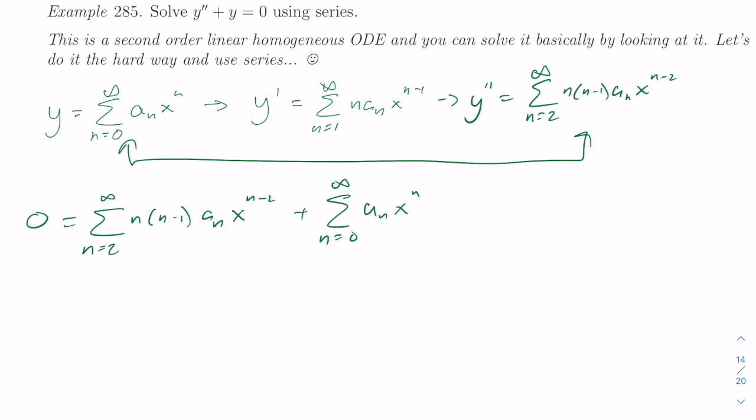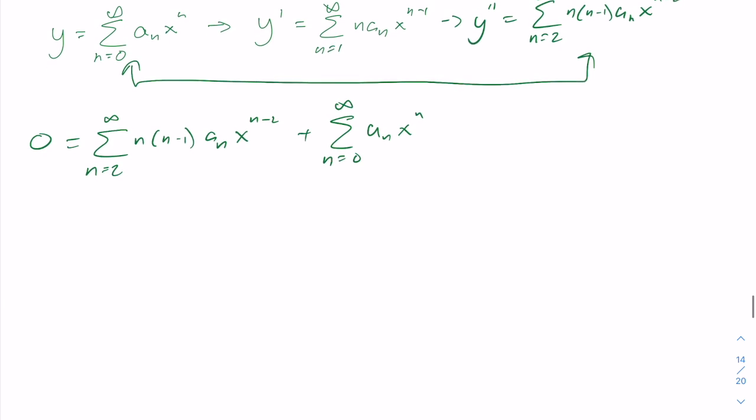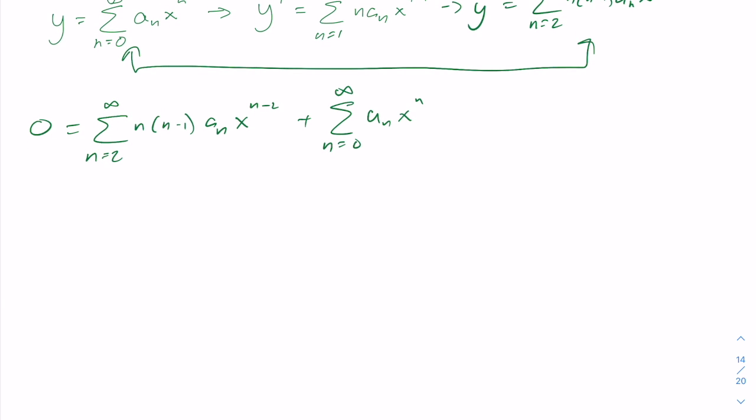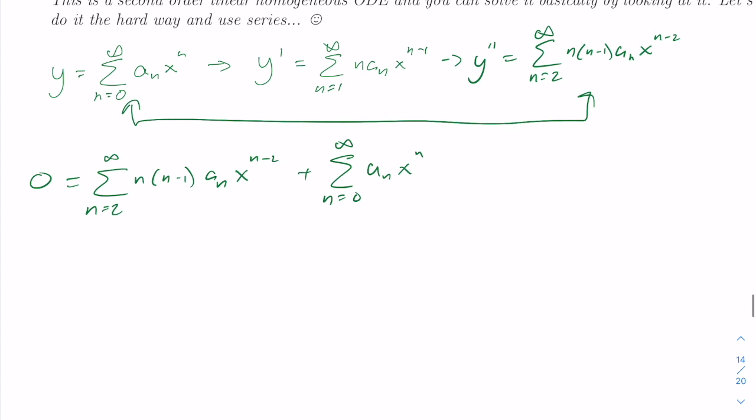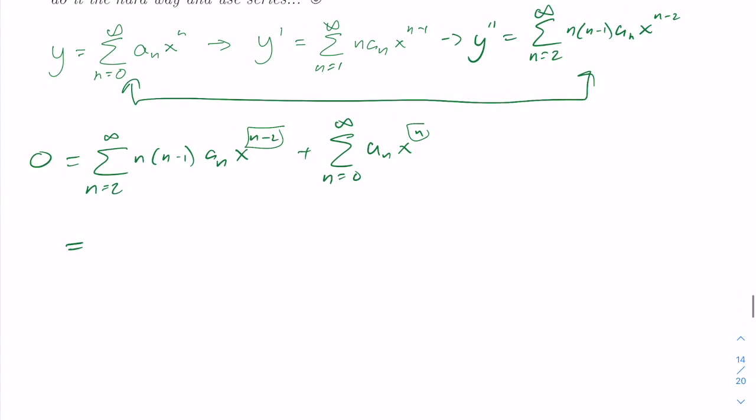And again, this equals 0. So let's find out what happens when I move the power. So that is n minus 2. To add them, I need them to both be n. So let's go ahead and do that. This needs to go up by 2.